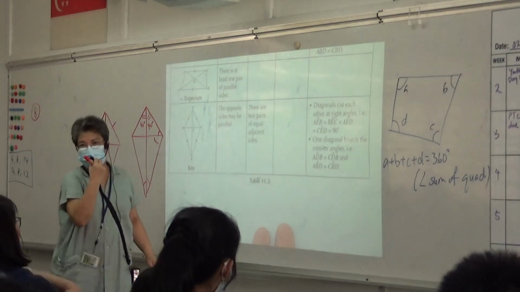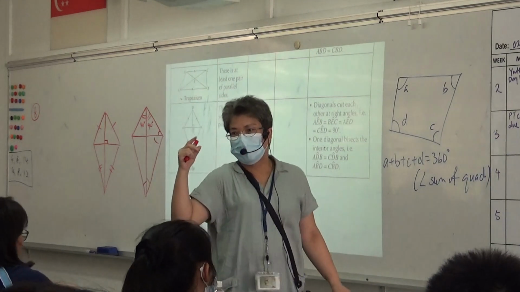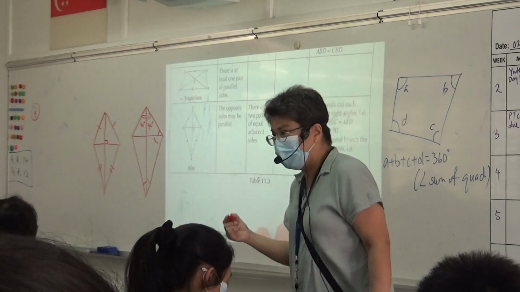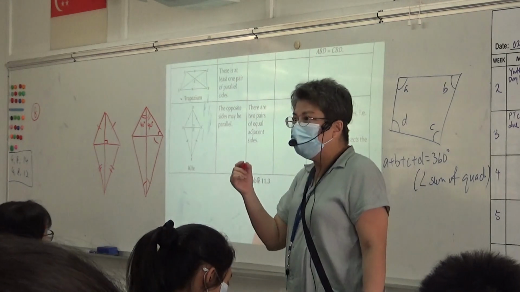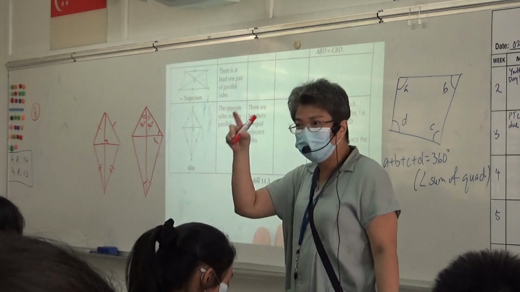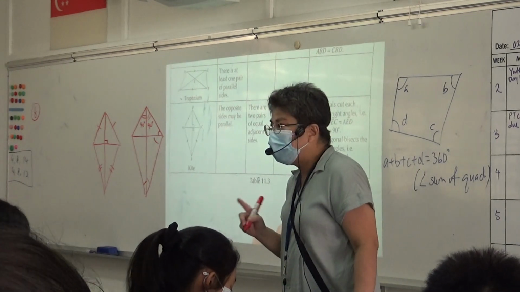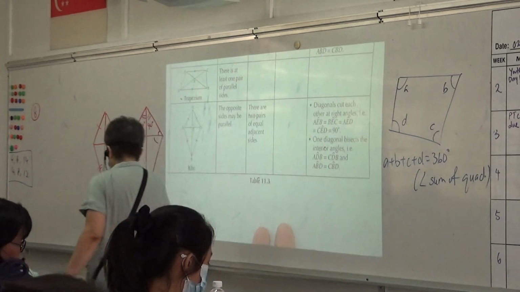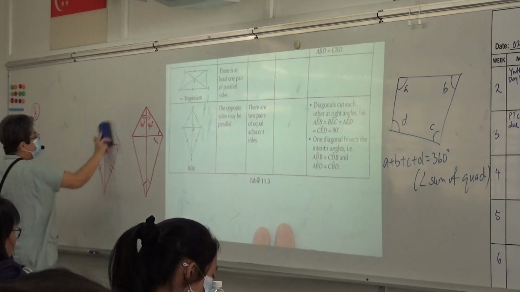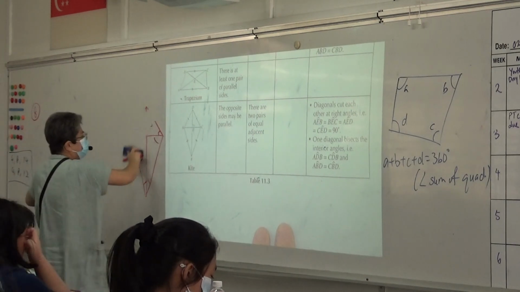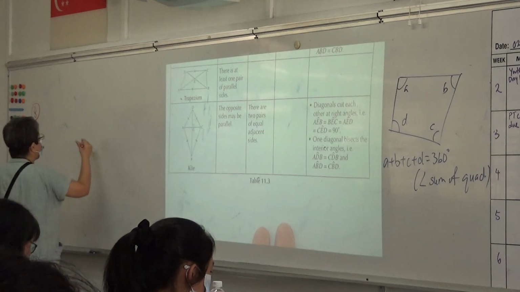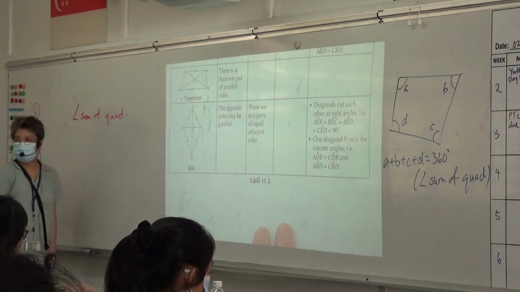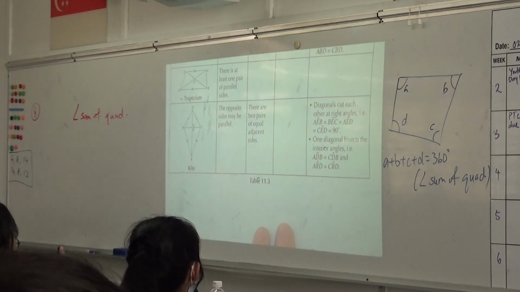Now, why did I give you this information sheet? Because your new textbook wants you to write down yourselves, which I think some of you will be confused about. That's why I photostated this for you so that you can compare. Is that clear to all of you? So what are the two properties that you must know how to write? Angle sum of a quadrilateral, which is how many degrees? 360.